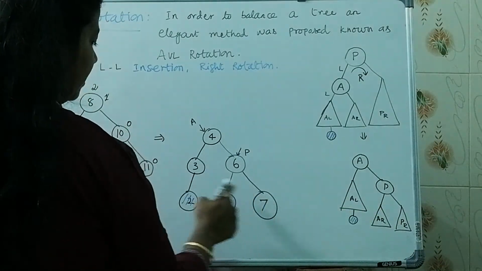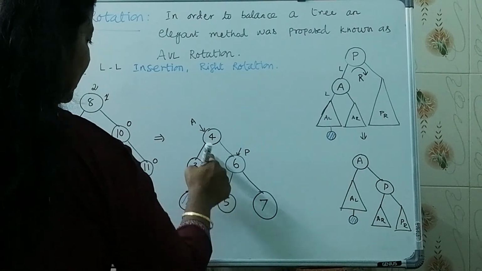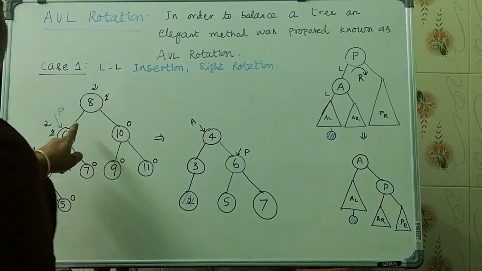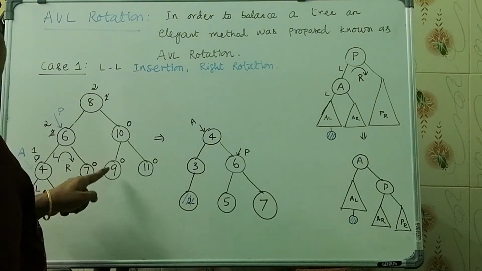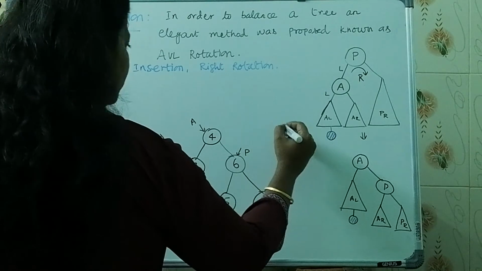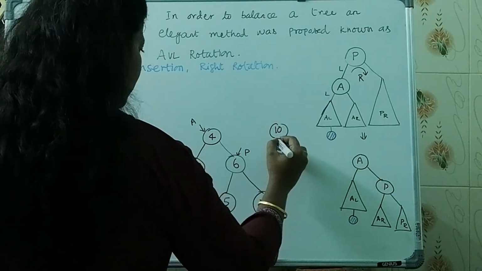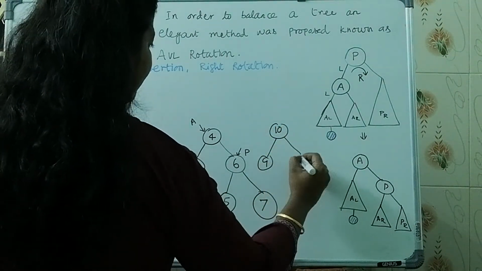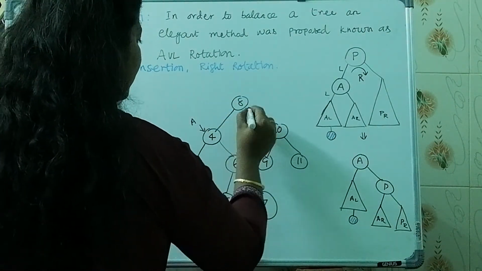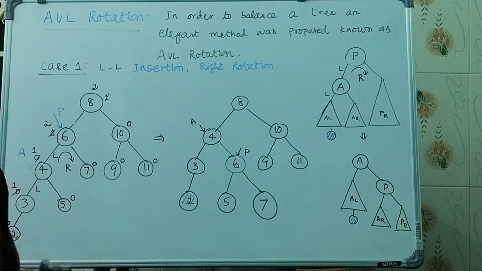This is PR, this is AL, and this whole is AR. There is no change in the remaining portion, so we keep 9 and then 11 as such. No changes in node 8 also. Now you see the tree is balanced.